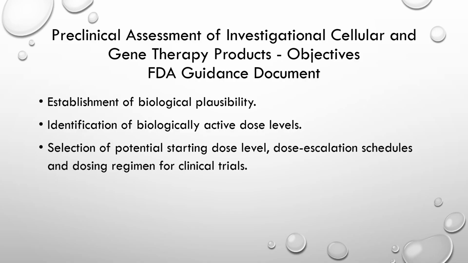The starting dose, the dose escalation schedules and dose regimen. Your clinical trials will be based upon this. So what you choose as your minimal effective dose, that's your starting dose, and the dose escalation schedules, i.e. the period of time between each dose, has to be based upon what you're planning to do in your clinical trials, and your total full dosing regimen in your animals has to be based upon what you're doing in a clinical trial.